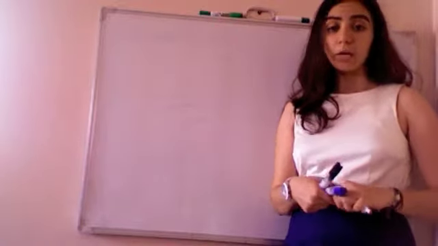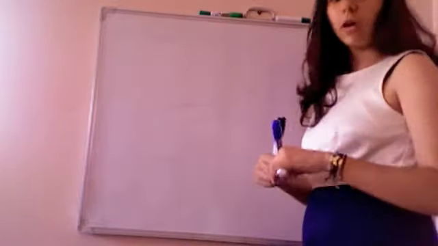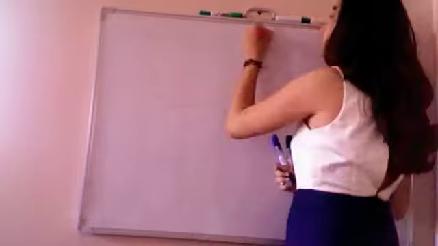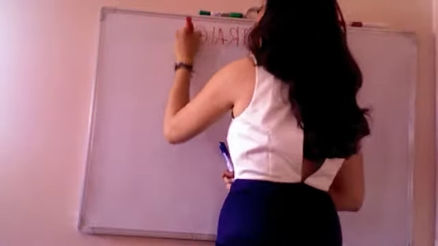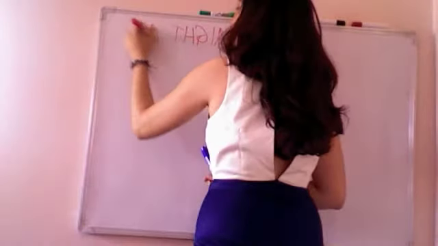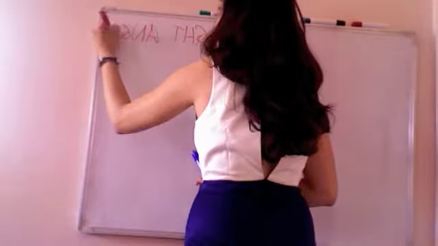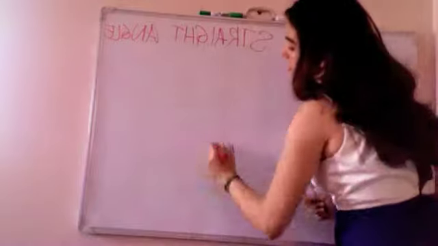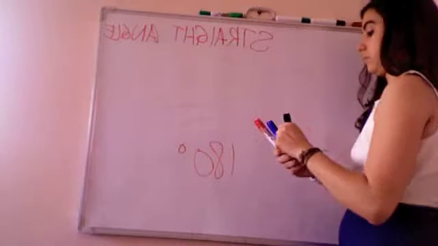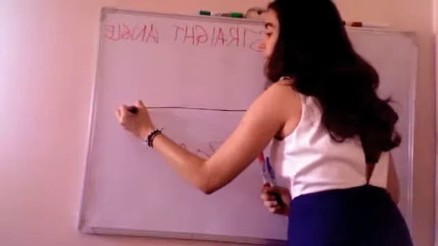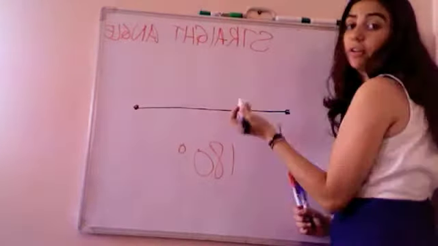The last kind of angle is called a straight angle, which is 180 degrees. It can also be considered a line.